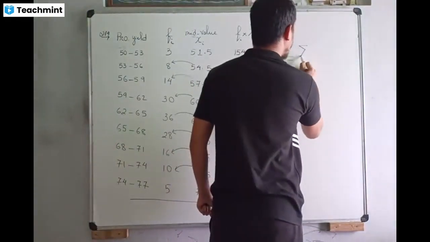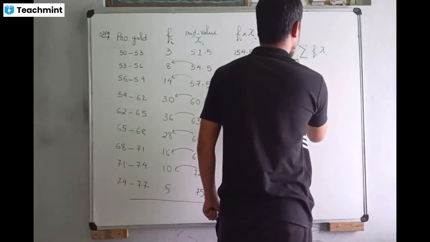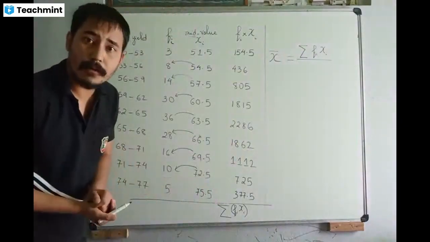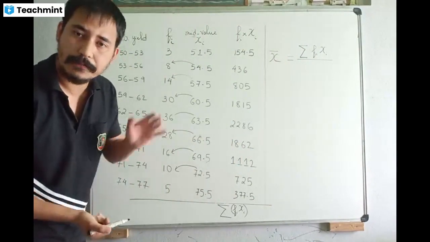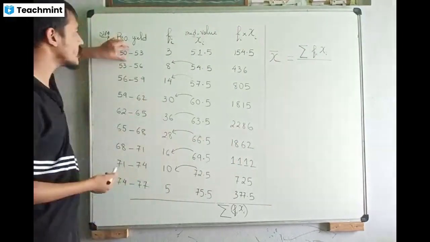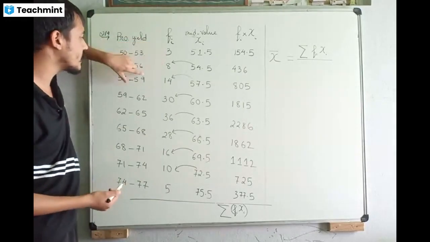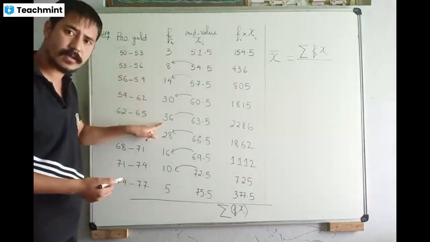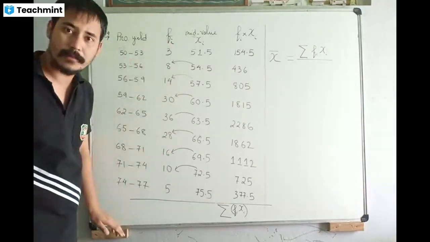the total value of Fi xi divided by the number of items in the group, the number of items of this series. See, this group has occurred 3 times, this group 8 times, this group 15 times, this group 30 times, this group 36 times. So altogether, how many items are there?